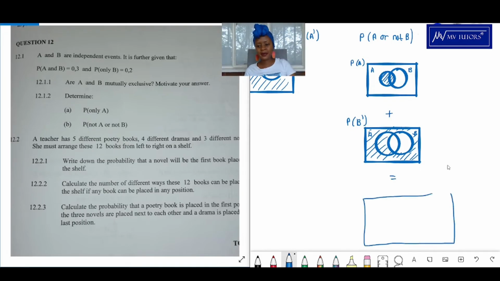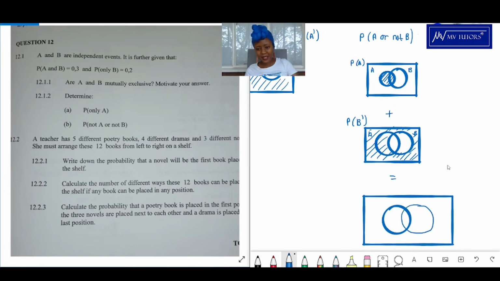So basically, if you see here what we have indicated. Okay, so if we have A, remember for A, if you look here, we shaded everything.